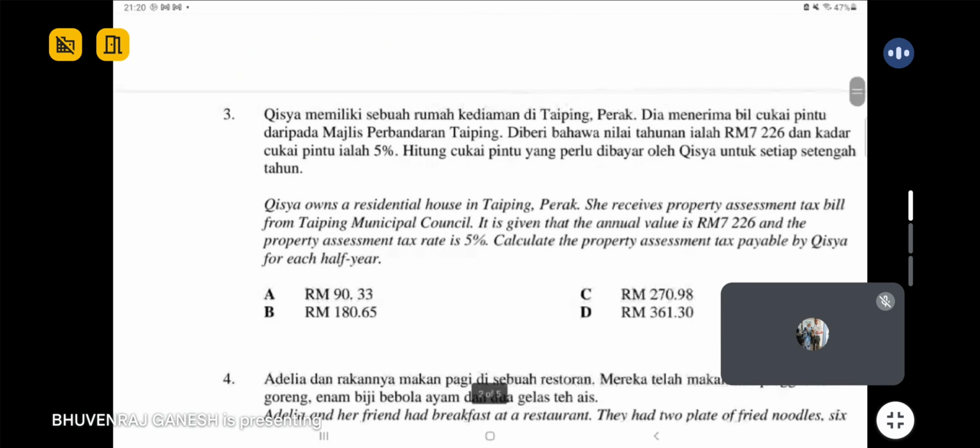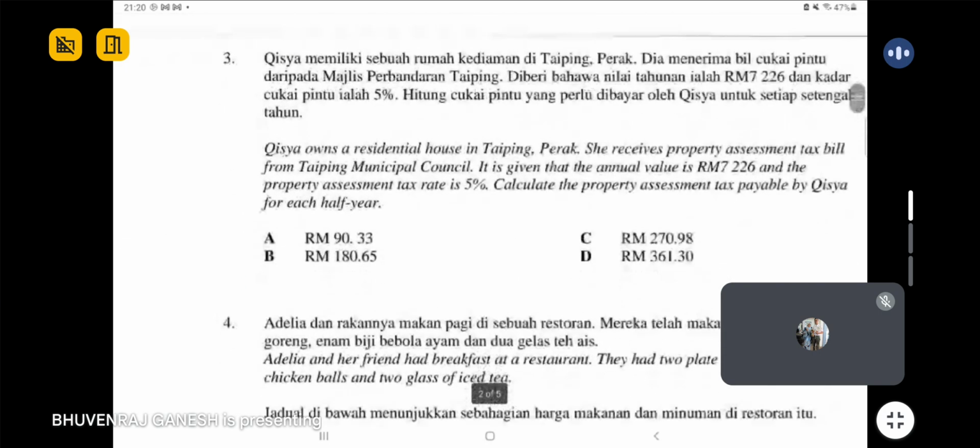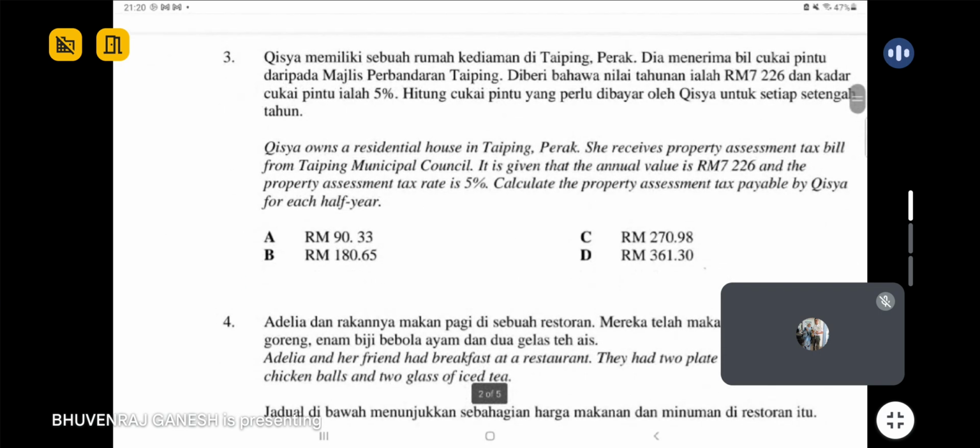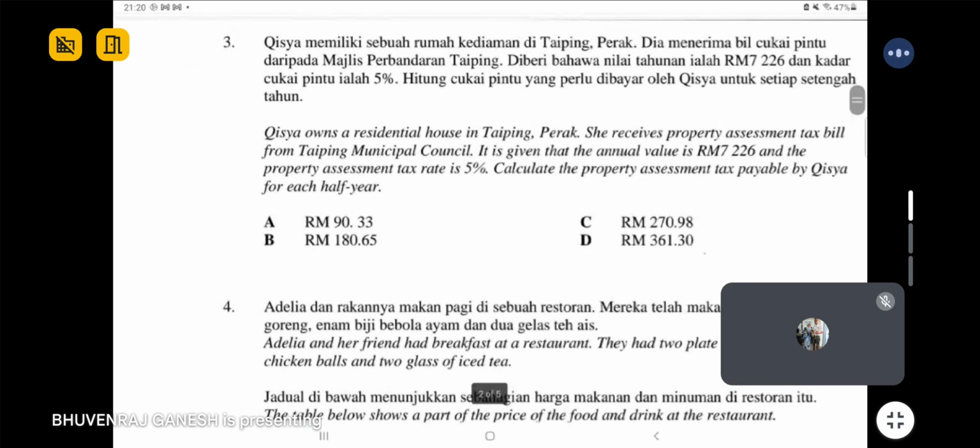Okay, next one. Now we come to calculation. Question number 3. Elisa, can you try? This one is not hard, quite easy. But you must read the question carefully.